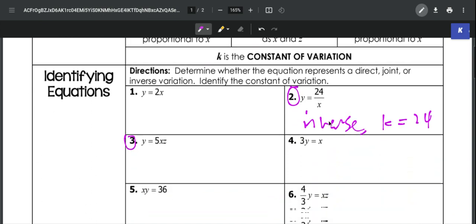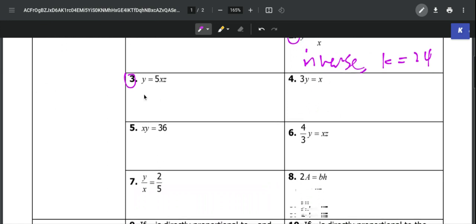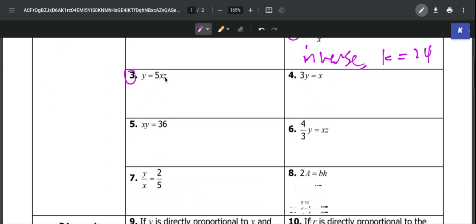So then when we go to number 3, anytime you see x and z or two variables, like I said, it's probably going to be joint. So this is a joint variation problem, and k is equal to 5. So our constant here is just this 5. And then we can even go to a more complex problem like number 5.